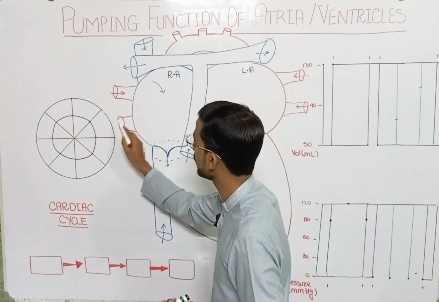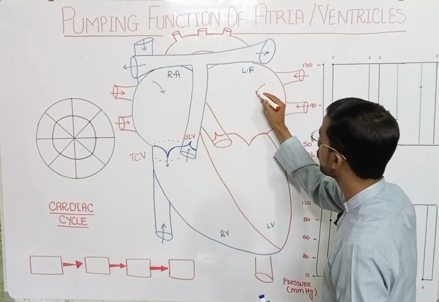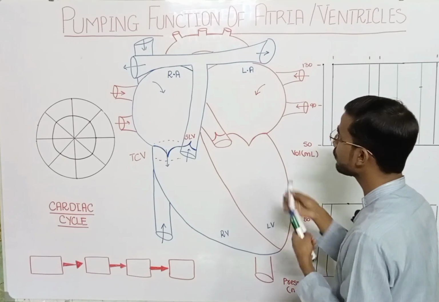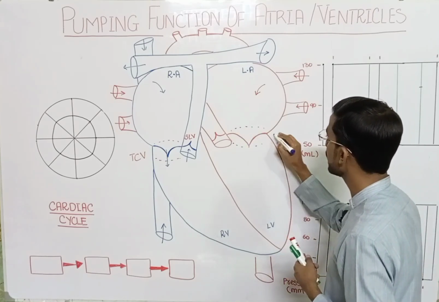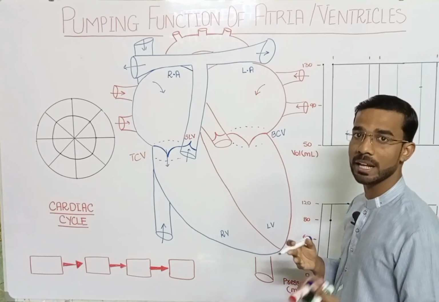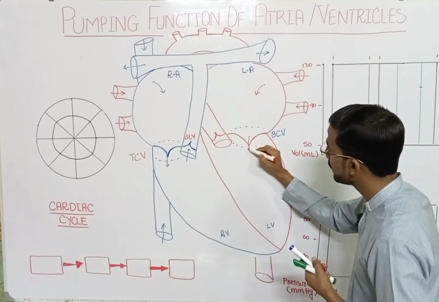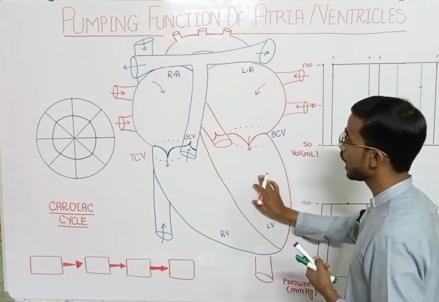These pulmonary veins open into the left atrium. From the left atrium you will see another valve. This is the bicuspid valve, or mitral valve, another name for the bicuspid valve. Blood from the bicuspid valve moves into the left ventricle.